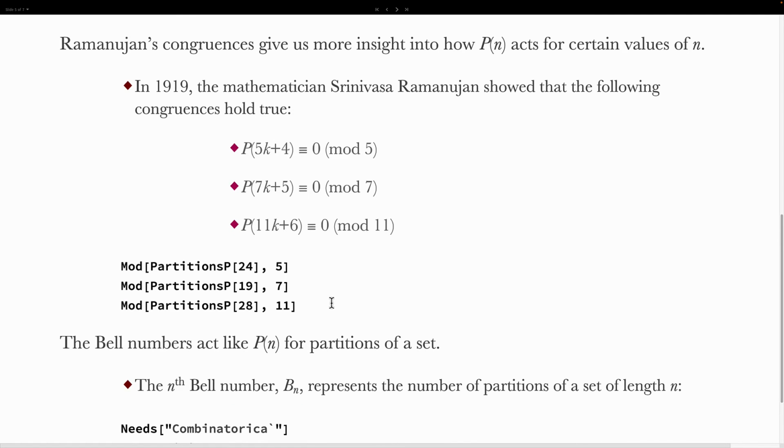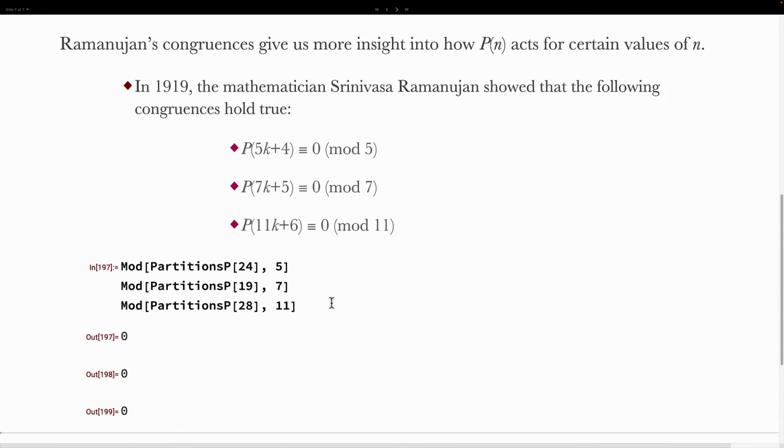Now, using the mod function that we went over in our modular arithmetic video and the PartitionsP function, we can write some code in the Wolfram language and show that each of these congruences hold true. Note that the numbers I used, 24 is 5 times 4 plus 4, 19 is 7 times 2 plus 5, and 28 is 11 times 2 plus 6.